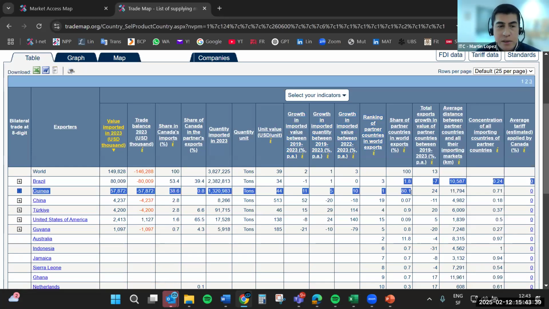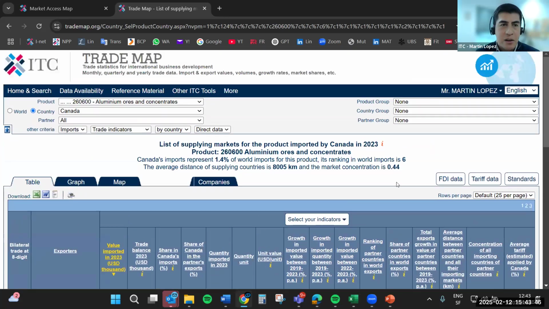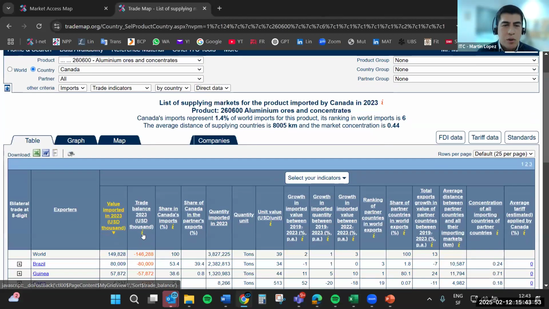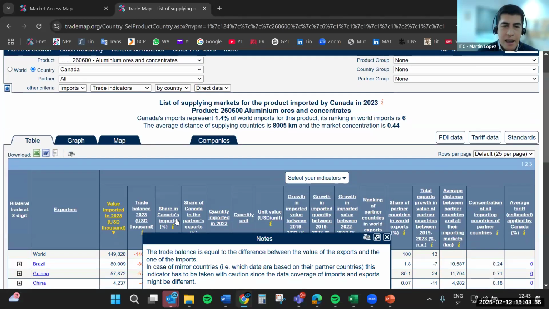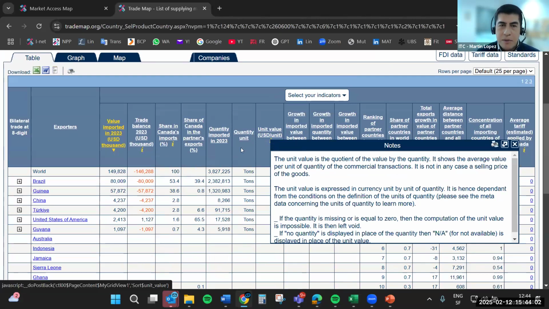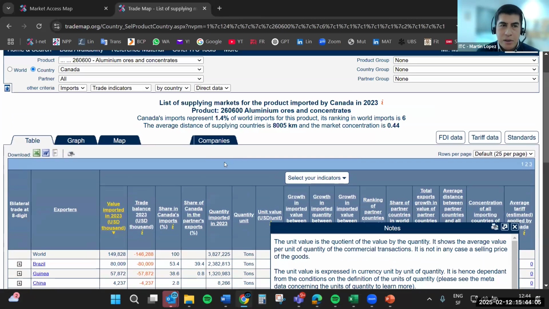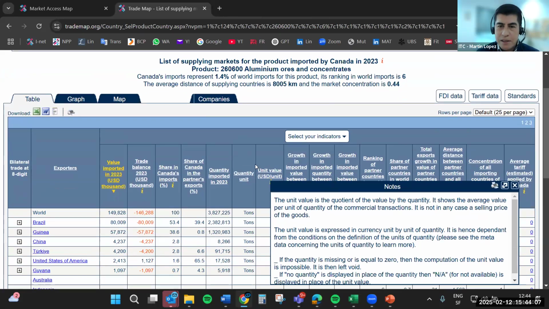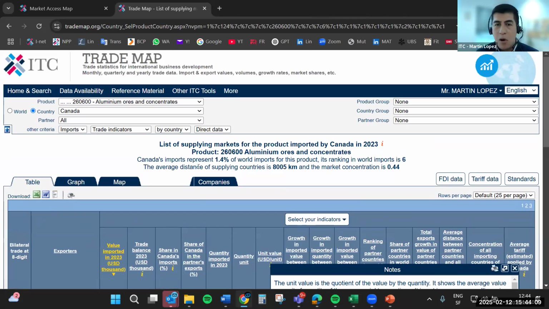This also tells you what is the presence, what is the market share that each of those partners has in world imports of that product. So as you can see, there are also these little eyes at the heading of each column that help you understand what this column is about. There are always these help notes all around in the system.